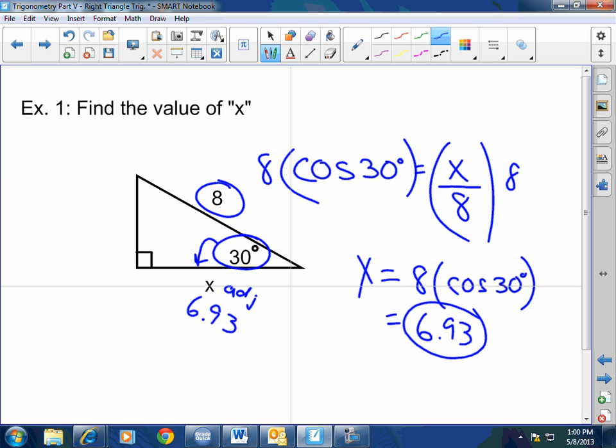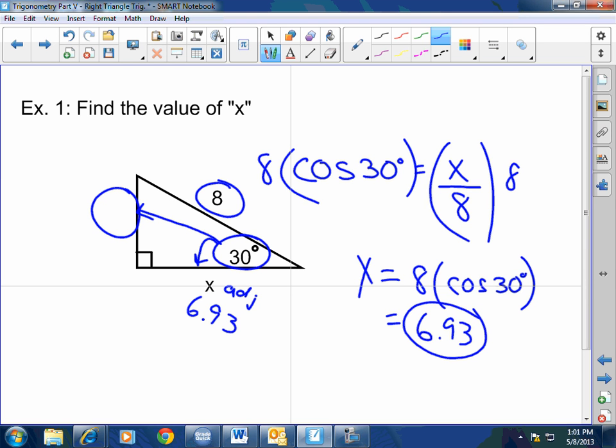Yes, sir. Well, I didn't plug in whatever I wanted. I plugged in what I was given, sir. Now, whatever function can handle the restrictions I was given. Could I have used sine here? No, because do I have a side for the opposite?